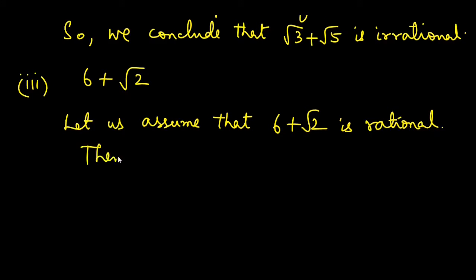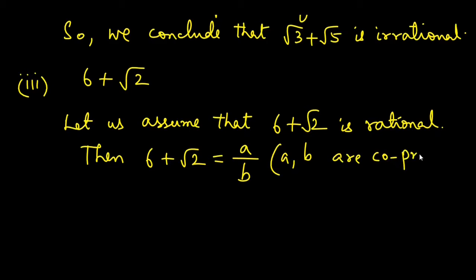Then 6 plus root 2 is equal to a by b, where a and b are coprimes, b is not equal to 0.